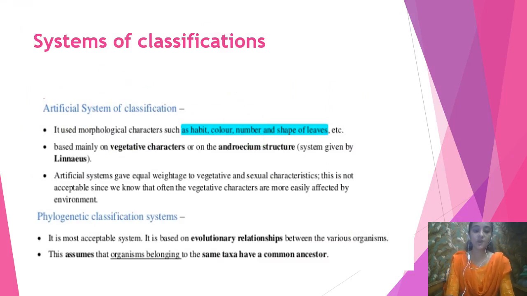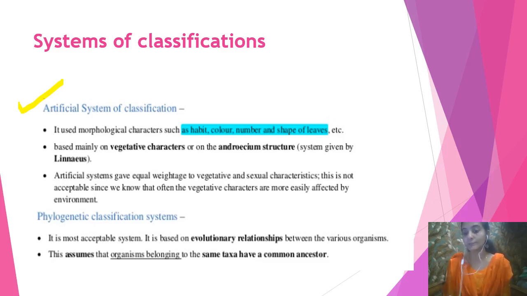So, systems of classification. Which different systems have we used? The first system is the artificial system of classification. In the artificial system, we consider only the morphological characters of the plants. What do you mean by morphology? The external characteristics.